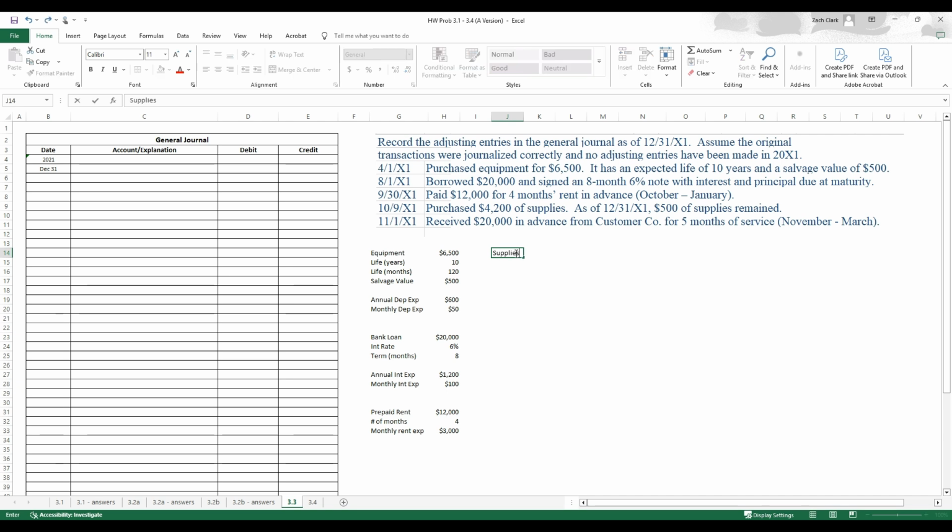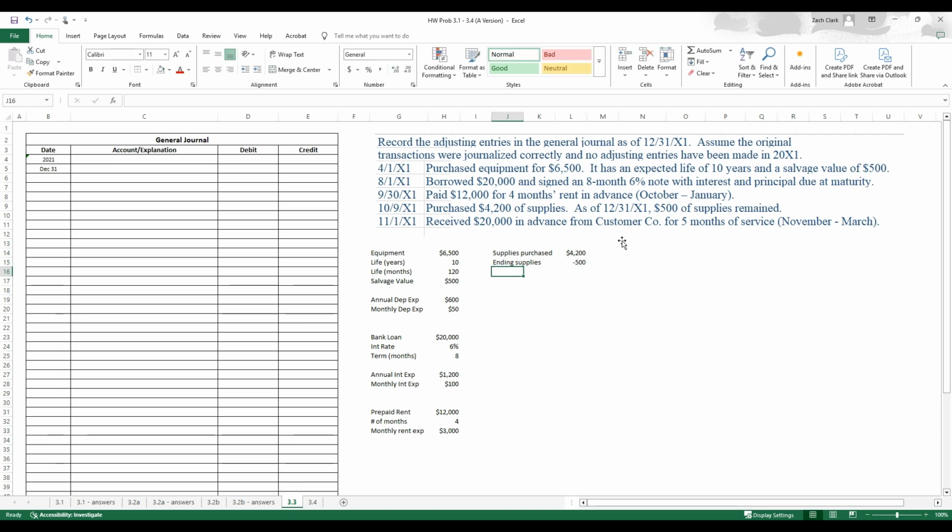So supplies purchased equals $4,200. So I'm just going down the line of all these. Put that in dollars. Okay. And then supplies purchased originally, and then ending supplies. I'm going to put this as a minus.